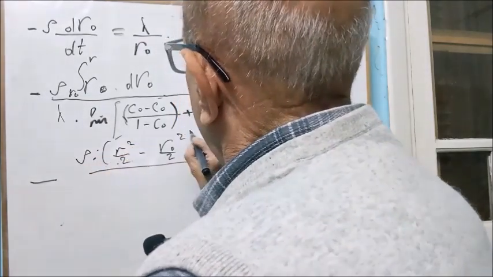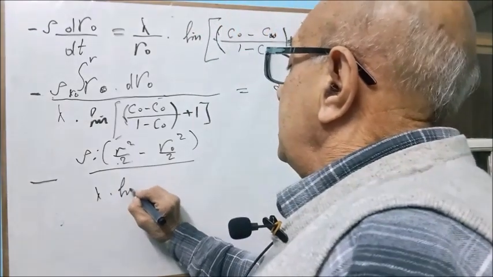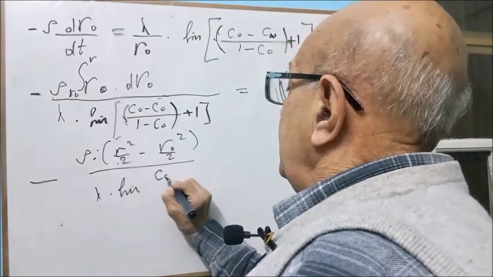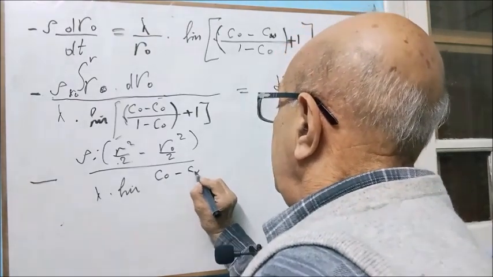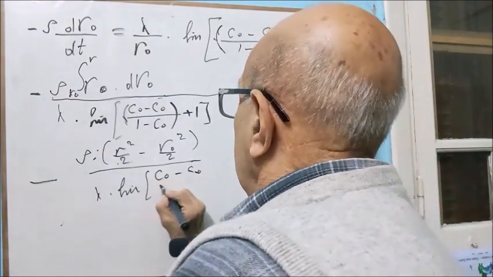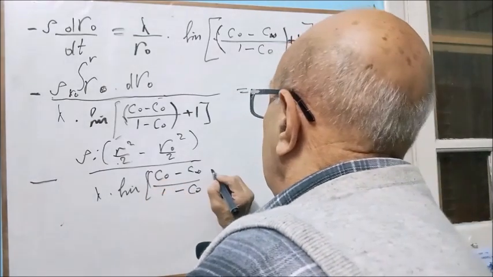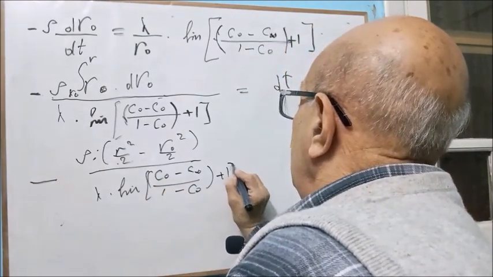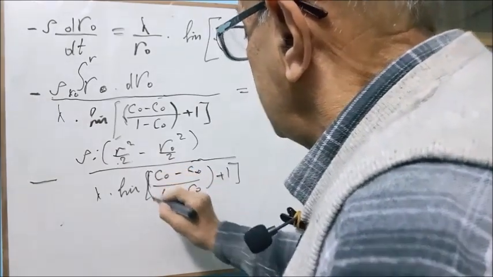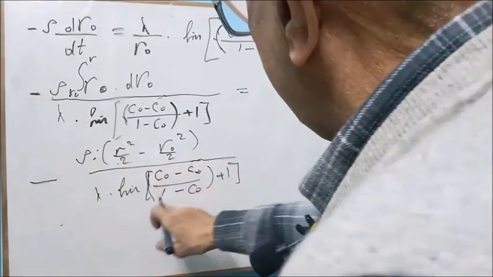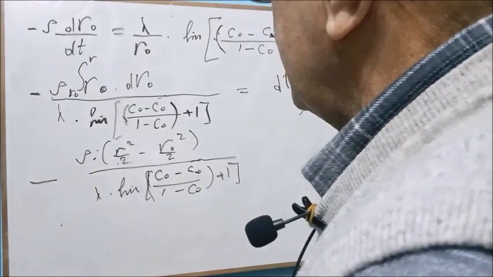This is over lambda times ln of (C0 minus C infinity over 1 minus C0) plus 1. This is the ln term.